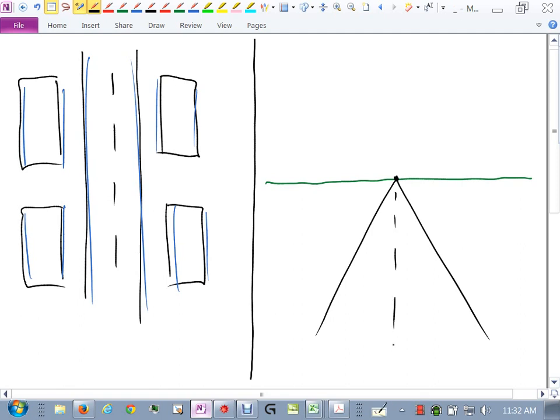There's my street, right? And then I'm going to be quick because I don't want to take too much time for this. There's one building. And notice that my blue lines here, it's not perfect, but I don't have a ruler and I'm doing this quick, my blue lines are going towards that vanishing point.